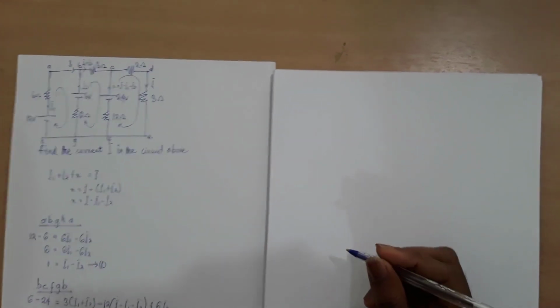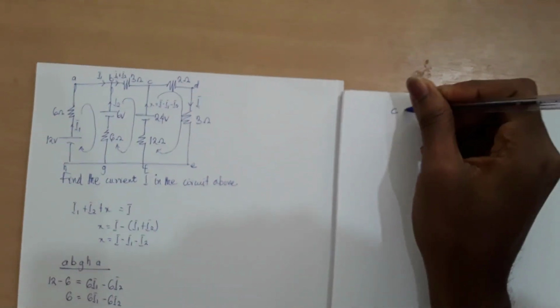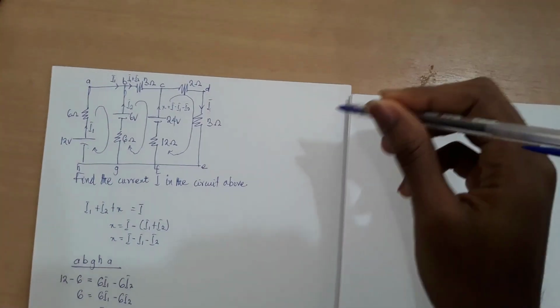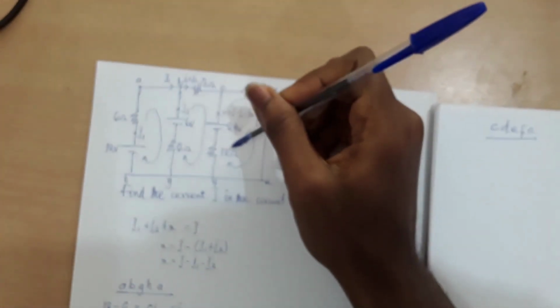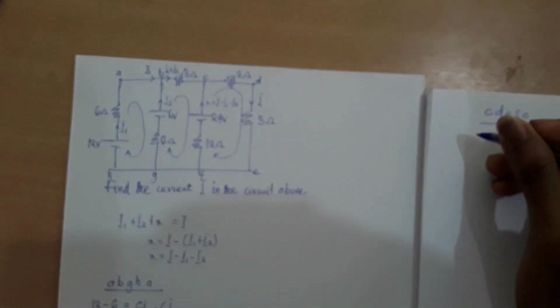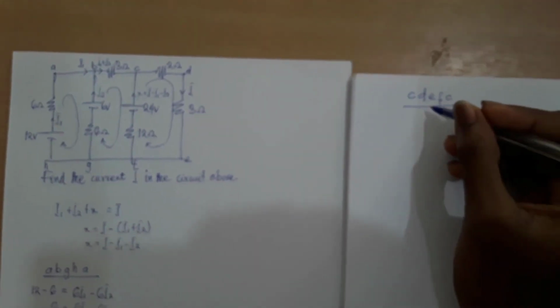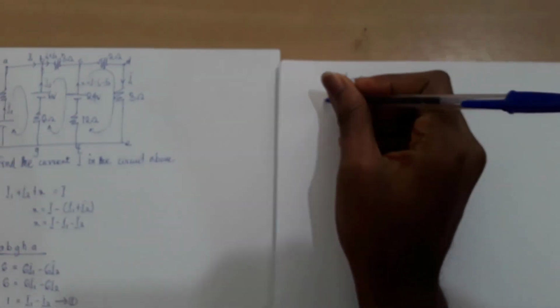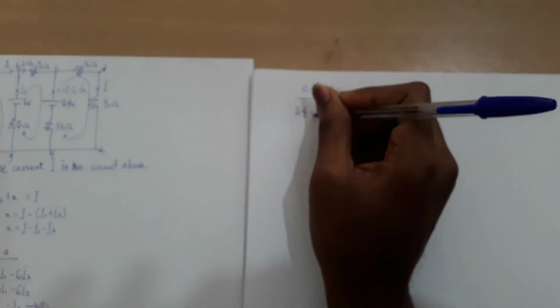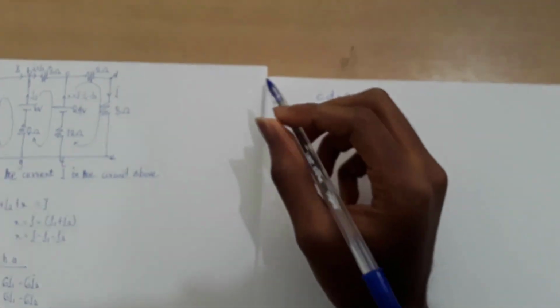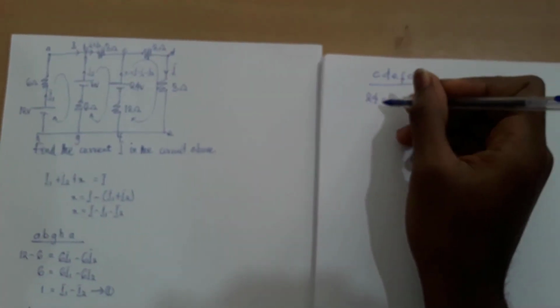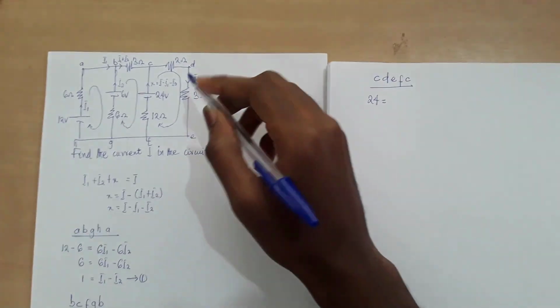So now let's take loop C, D, E, F, C. That is to suggest that we are traveling in a clockwise direction. The only voltage source in loop C, D, E, F, C is 24, and we shall equate that to the algebraic sum of the voltage drops in the loop.